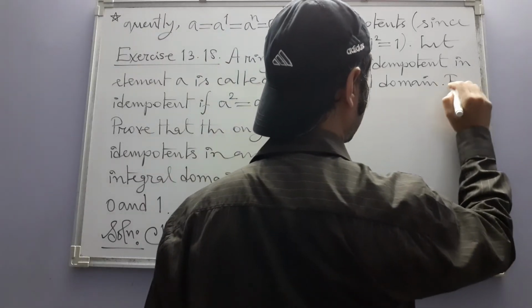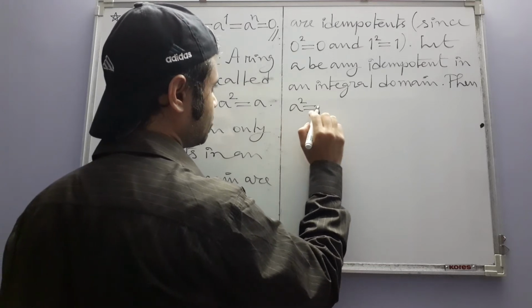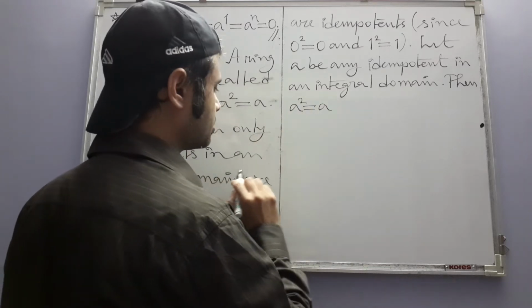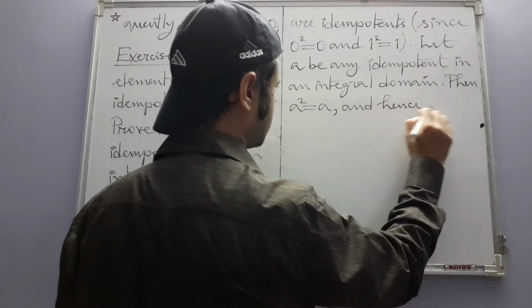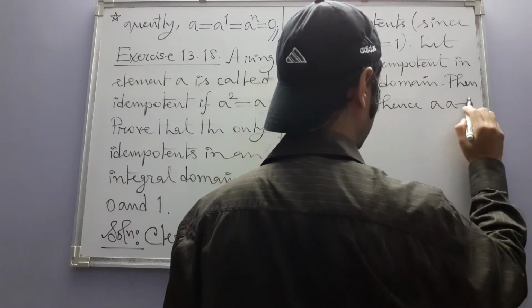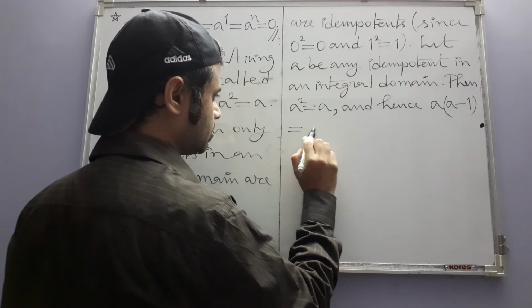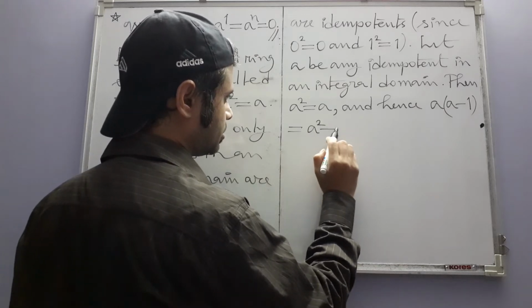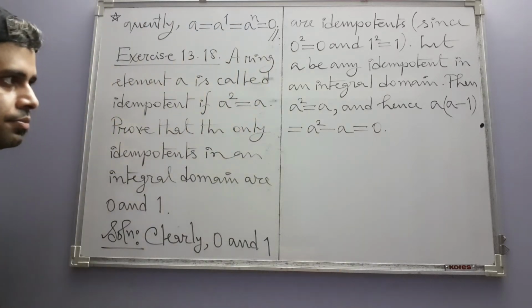Then by the definition of idempotent elements, A square is equal to A, and hence A times (A minus 1) equals, if you do the multiplication, you get A square minus A, this is equal to 0.